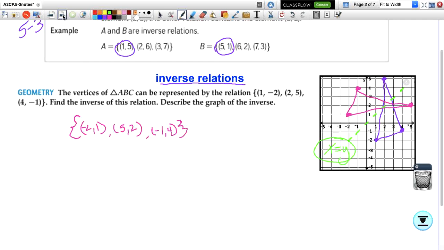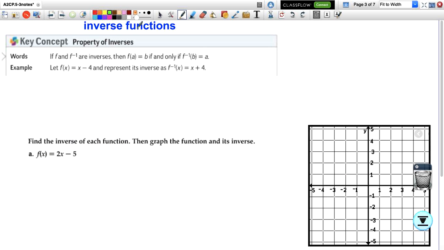Okay? Now, as we start thinking about inverse functions, good news is flip-flopping your x and your y is still kind of a thing. Okay? So let's take a look first at what the book says as far as the property of inverses as we start thinking about functions. So, if f and f to the -1 power. Okay, now it's not really -1 power.